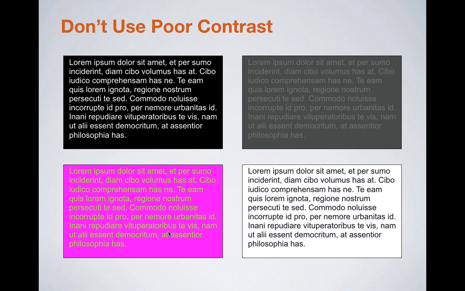So really be kind to your readers, especially if you have a really busy background image. Then there might be a lot of variance in the color or the brightness. So when you place your text, really take a look at it and make sure it's showing up well. If not all of the letters are easily visible, then try experimenting with some alternate placements, or using some techniques to change the contrast.